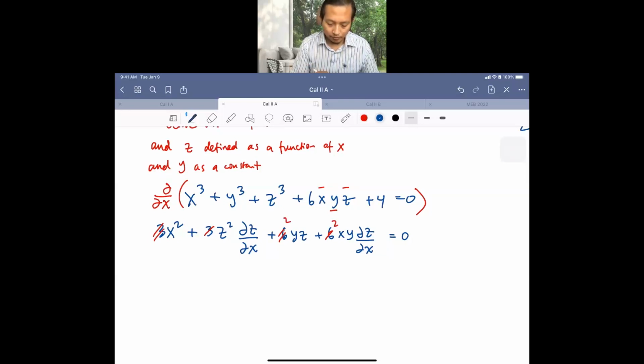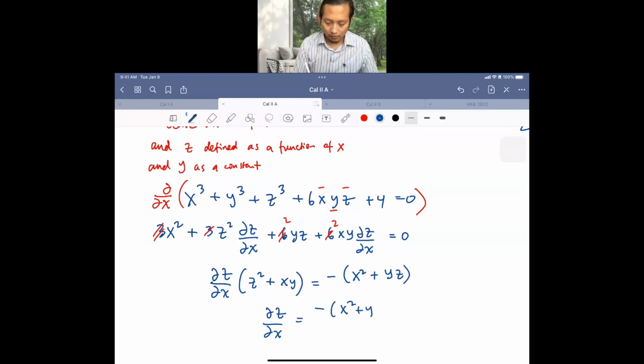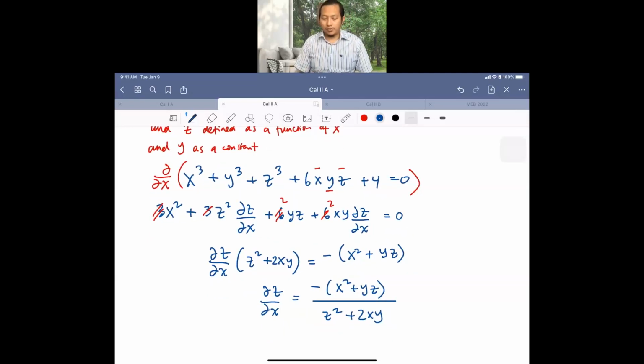So partial z over partial x equals z squared plus xy, and then 2xy. That's partial z over partial x.